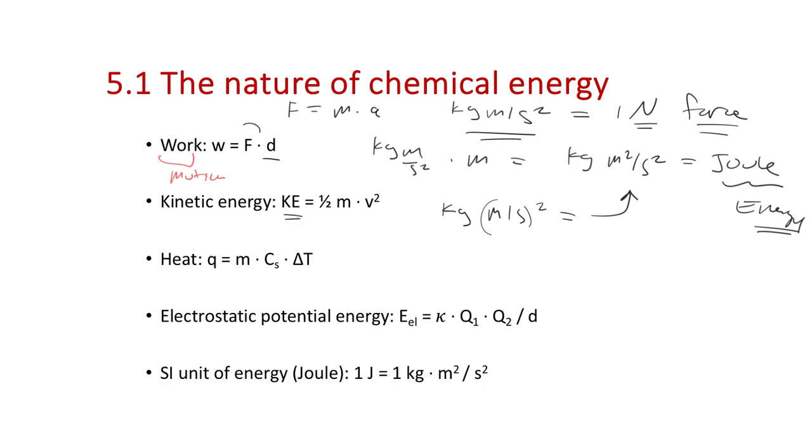Now, heat is a slightly different topic than motion. Heat is getting maybe more at potential energy, but heat would be equal to, through one equation here, the mass of an object times its specific heat times a temperature change. And so you can think, if I apply heat to an object, it should increase its temperature. If I take heat away from an object, if I have a negative Q, it should reduce its temperature.